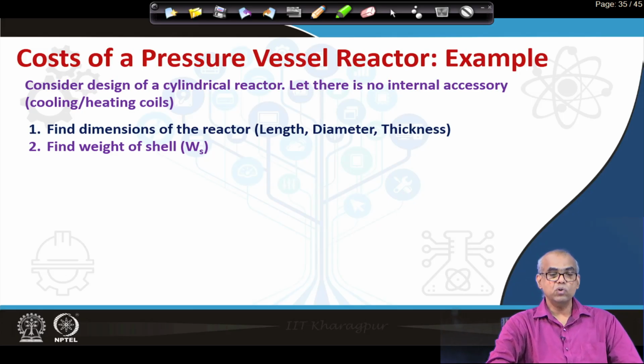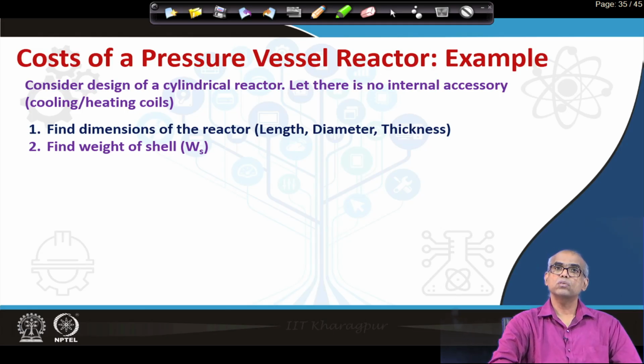So, now I can find out the weight of the shell. Of course, at this stage we must know what should be my material of construction, and from the density of that we can find out the weight of the shell.